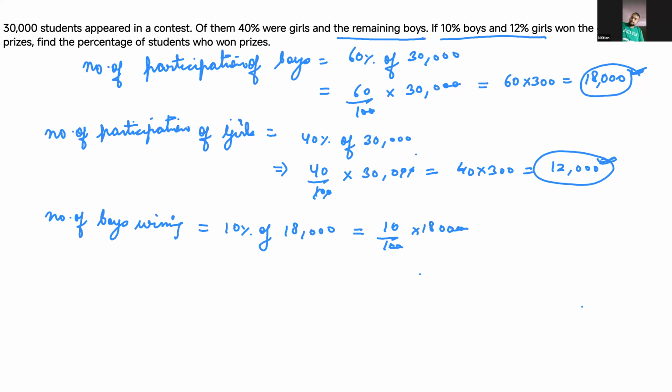Now this 0 and this 0 will cut. That means 10 into 180. It means that 1,800 boys won. Yes or no? Guys?